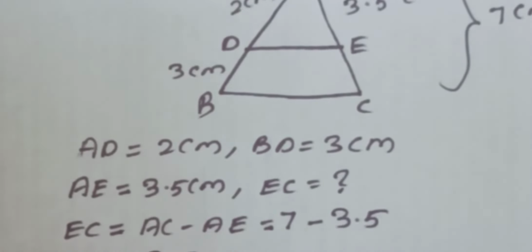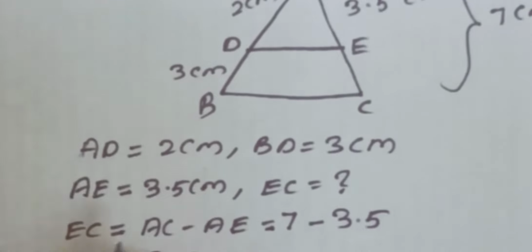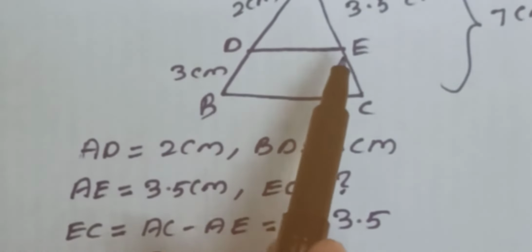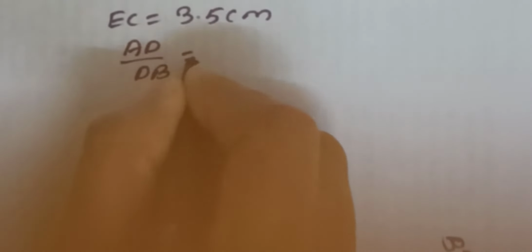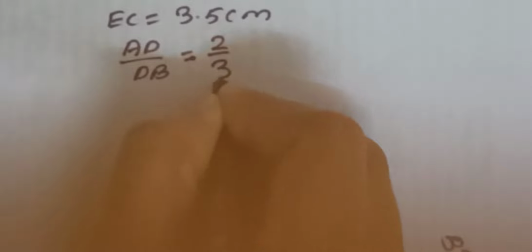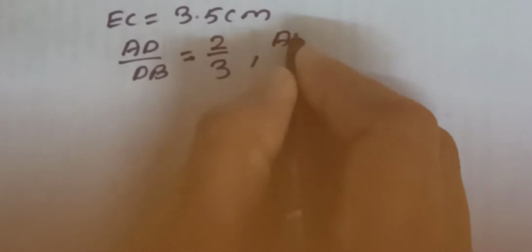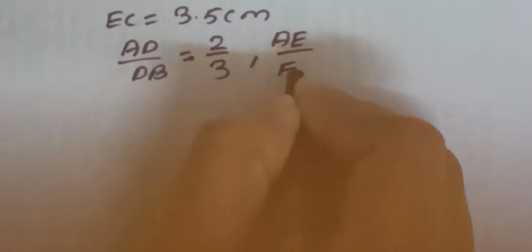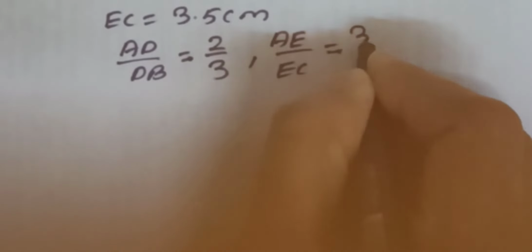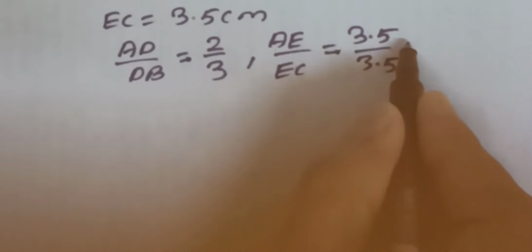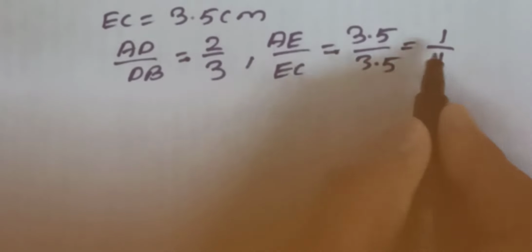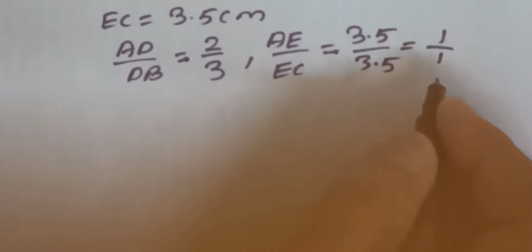Now we have to find the ratio in which the line DE divides both the sides. So AD by DB is equal to 2 by 3. Now AE by EC is equal to 3.5 by 3.5. That will be 1 by 1, isn't it? We can cancel. So it will be 1 by 1.